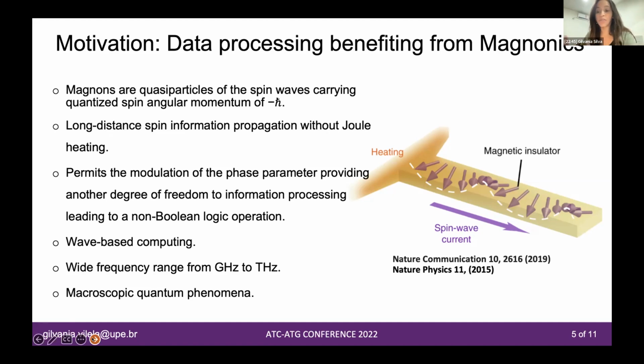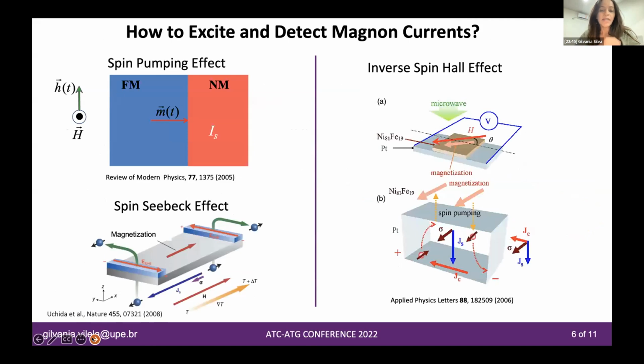And Magnon valves could be used to control these spin waves, as conventional spin valves are used to control a flow of charge current. And how can we excite magnons in Magnon valves? There are two effects to excite spin waves. One is the spin pumping effect.